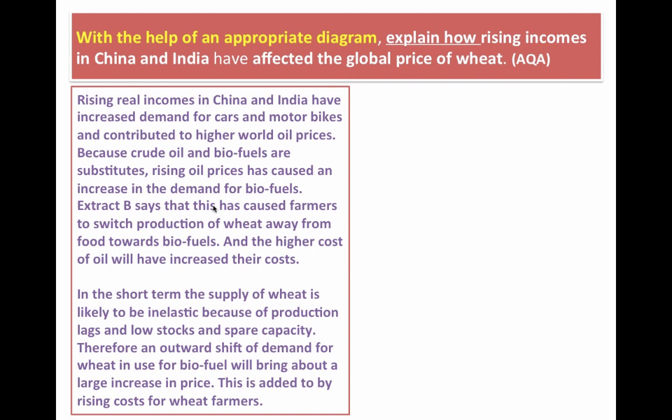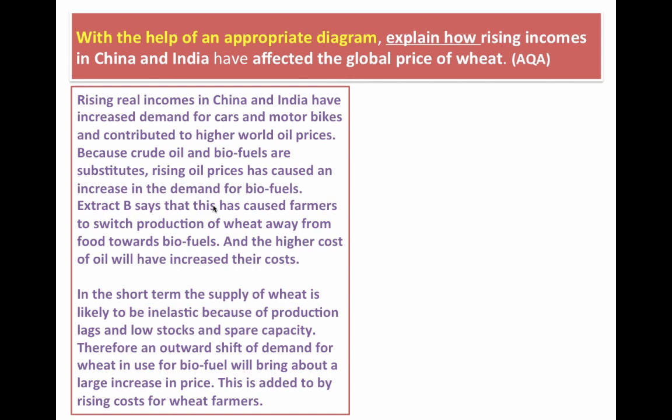So have a look at my answer on the left-hand side. Rising real incomes in China and India have increased demand for cars and motorbikes and contributed to higher world oil prices. Then a little connective word. Because crude oil and biofuels are substitutes, knowledge, rising oil prices has caused an increase in demand for biofuels. Then I'd get some application marks.